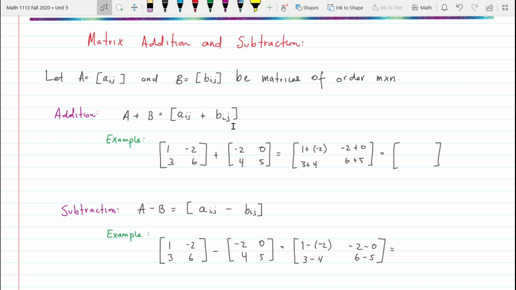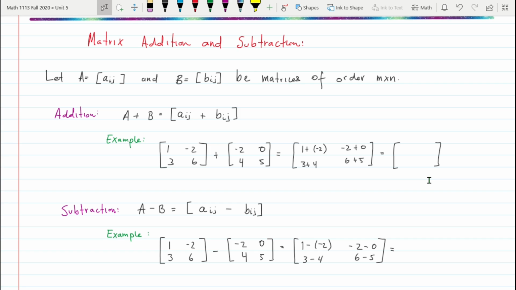So if we have matrix A be here 1, -2, 3, 6, and matrix B is going to be -2, 0, 4, 5, and if I add the two together, I'm going to get a matrix as the answer. Now, the elements of that matrix are going to be the sum of A and B at the corresponding spots.